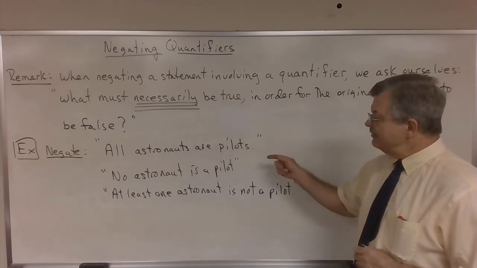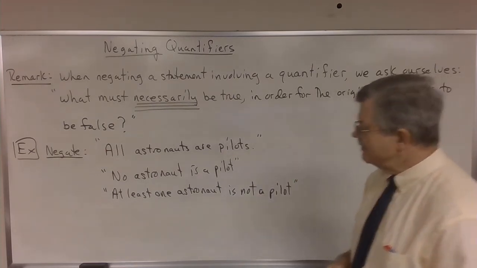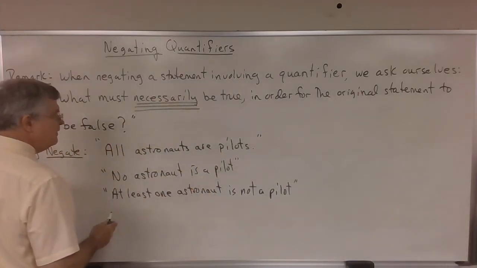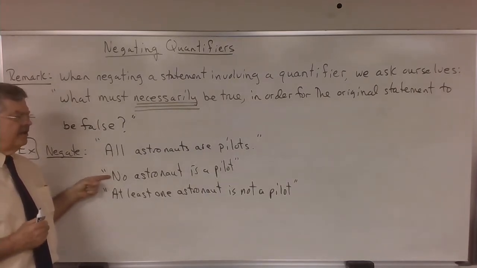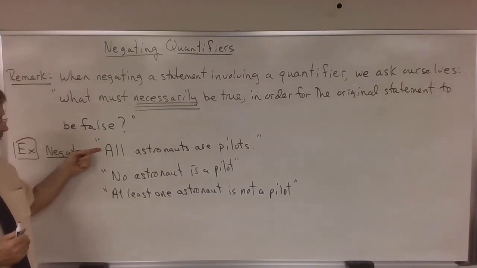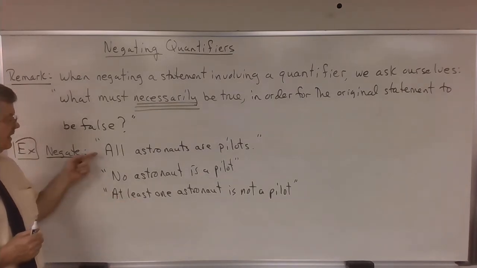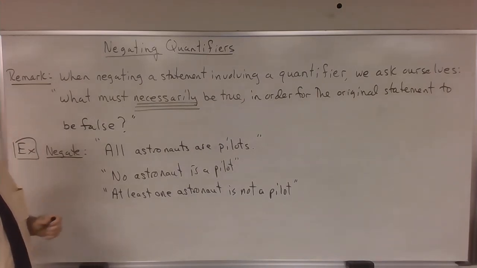So it's not necessary that no astronauts are pilots. It's not necessary that no astronaut is a pilot to make this false. It's only necessary that at least one astronaut is not a pilot to make this statement false.